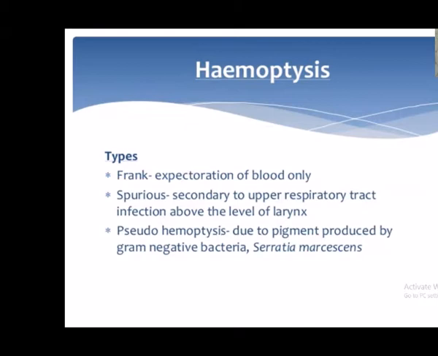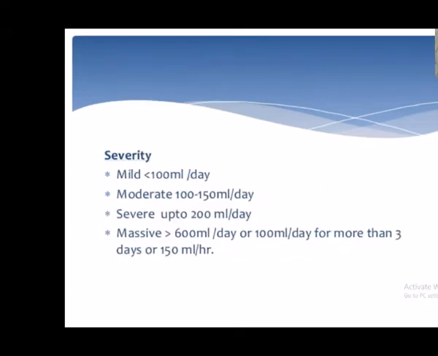Anything above that is usually called spurious, and it is not taken as proper hemoptysis. It should be below the larynx. So it is called spurious, secondary to the upper respiratory tract. And then there is pseudo hemoptysis, where the pigmentation in your sputum is also called hemoptysis.